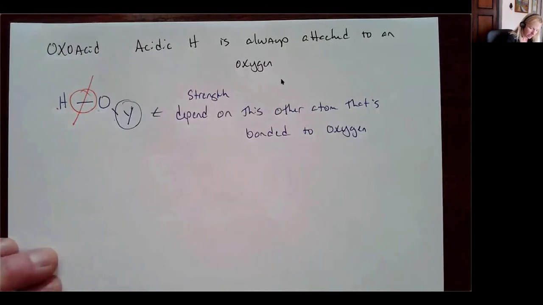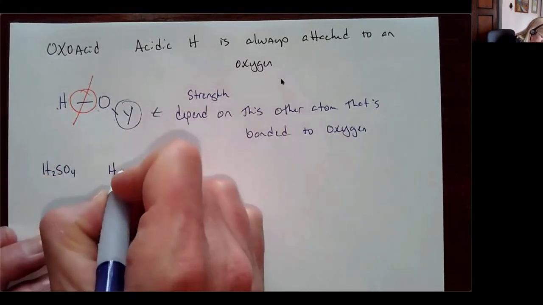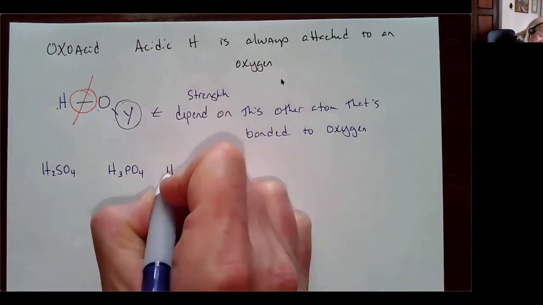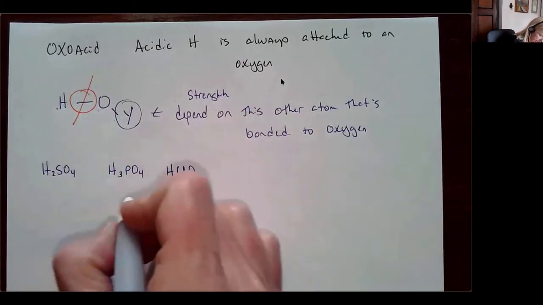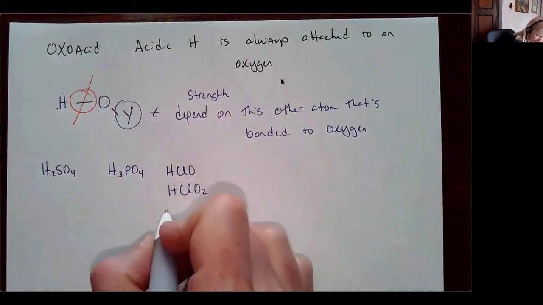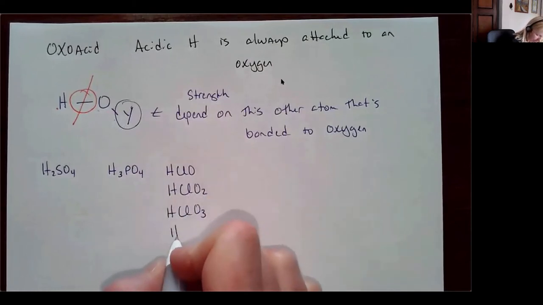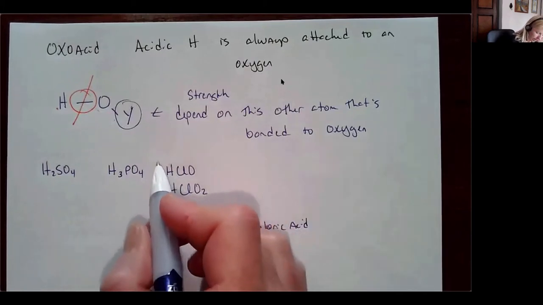Some oxoacids are H2SO4, sulfuric acid, H3PO4, phosphoric acid, HClO, hypochlorous acid. I could have HClO2, chlorous acid, HClO3, chloric acid, or HClO4, perchloric acid. So I could have that series.